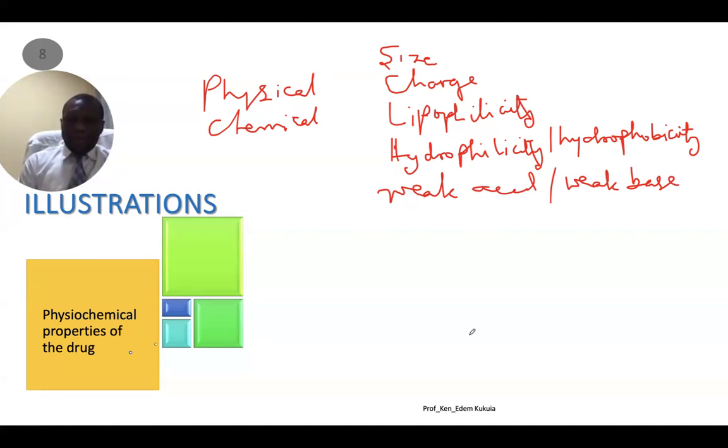So let's pick maybe a cell membrane which is semi-permeable. And let's say that our drug molecules are here. And this drug molecule needs to move across this membrane to this other side, which is circulation.